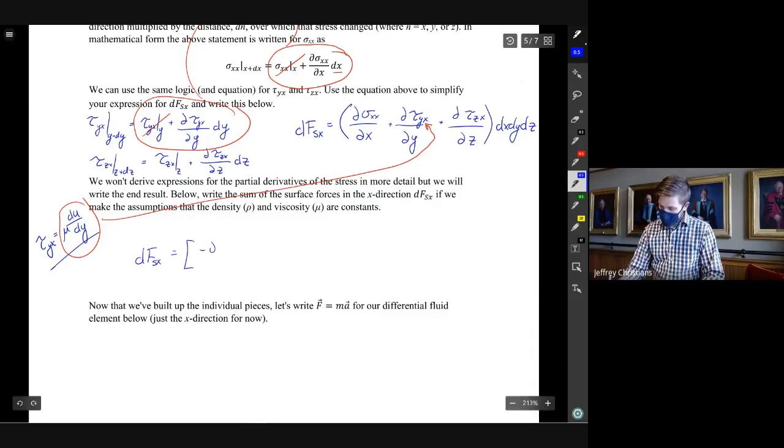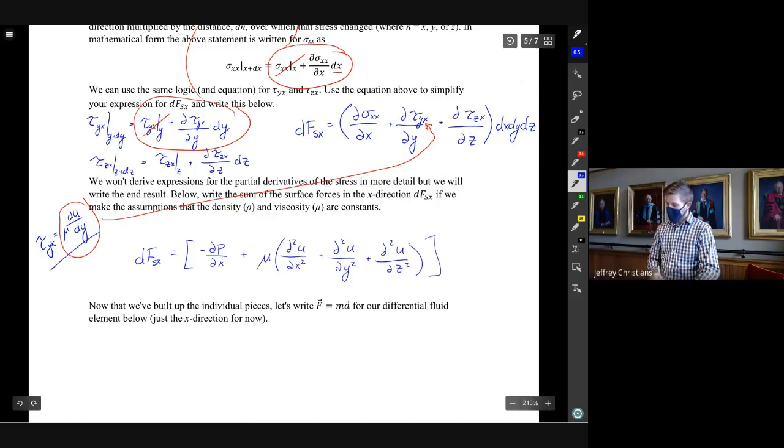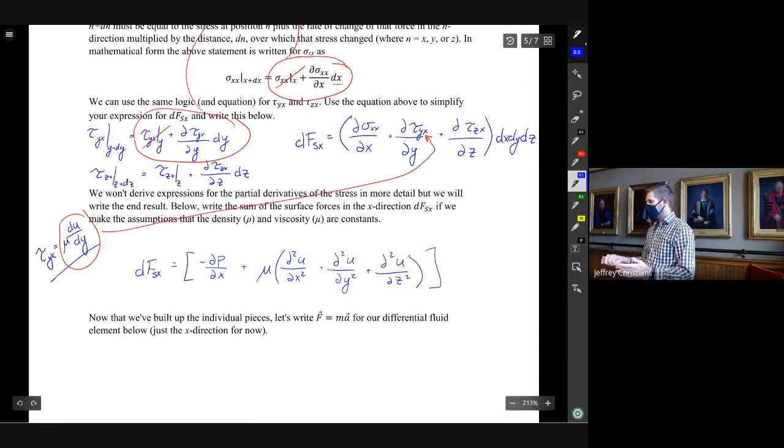But it's going to be minus dp, so pressure, plus viscosity times d squared u dx squared plus d squared u dy squared plus d squared u dz squared. And all of these, just like they did up above, have a dx, dy, dz part to them.